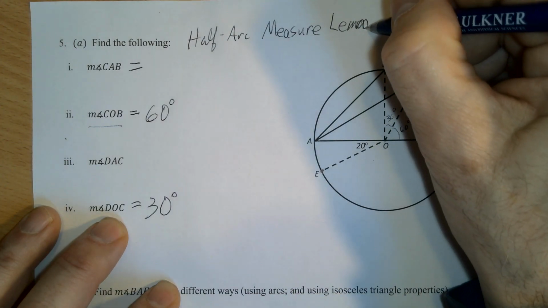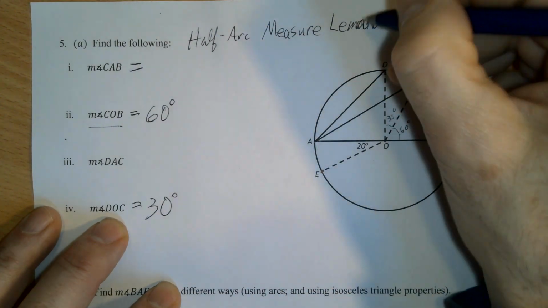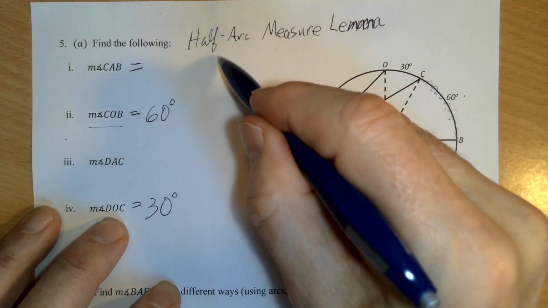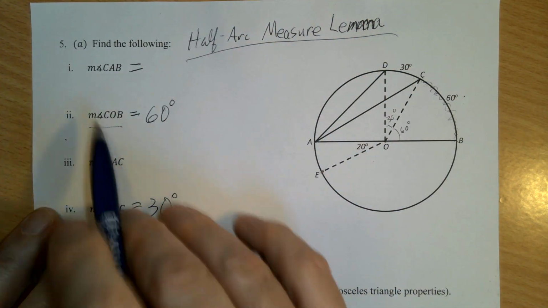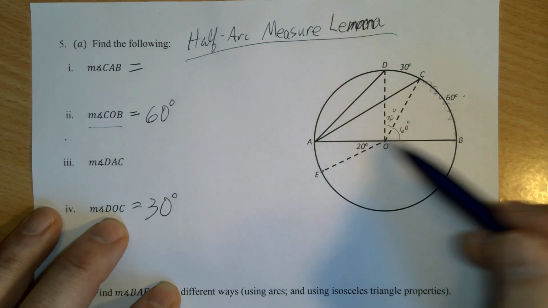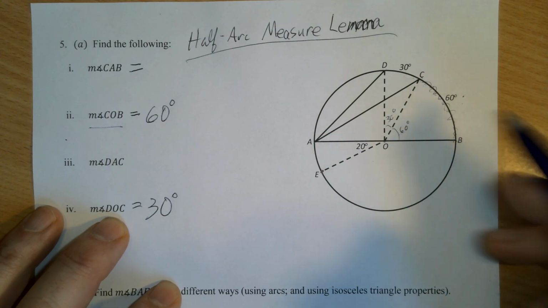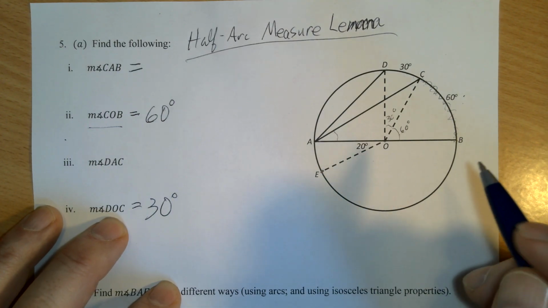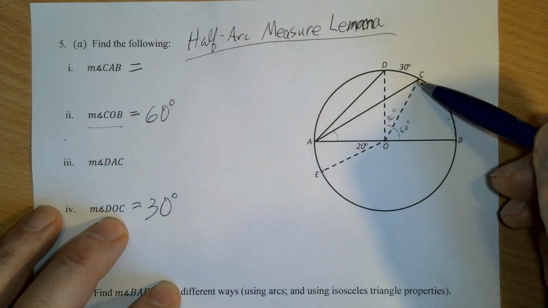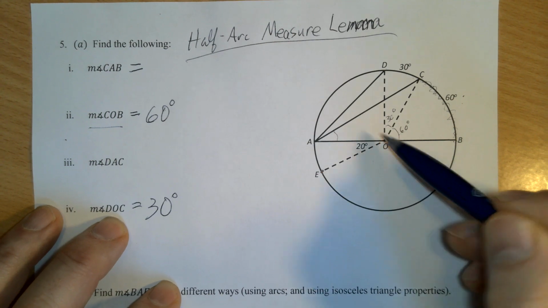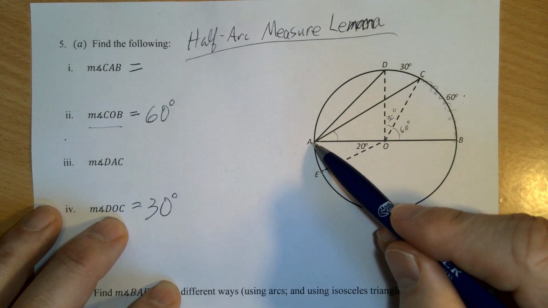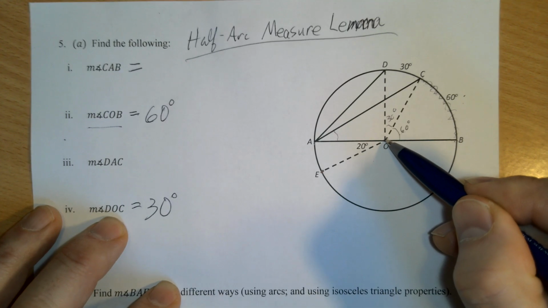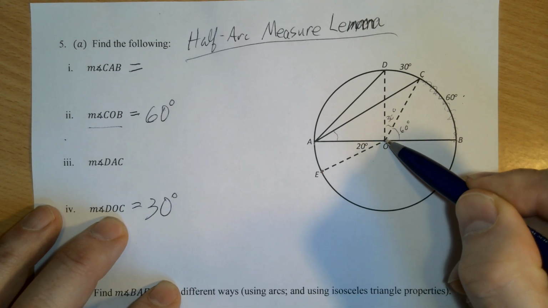Oops, lemma, two M's. The measure of angle CAB, that inscribed angle right here, is half of the measure of the central angle COB, where instead of having A as the vertex, which is on the circle, we have O, the vertex, which is the center of the circle.